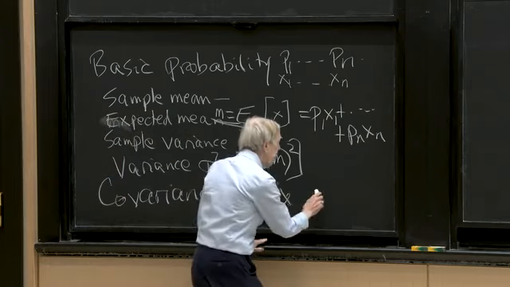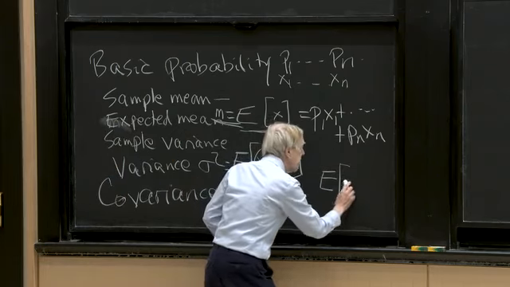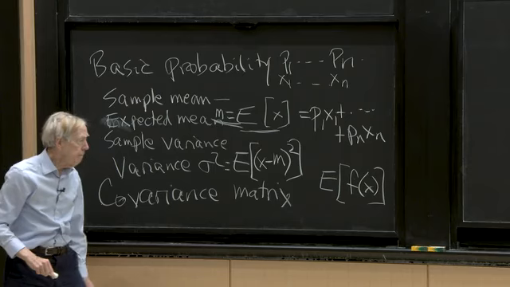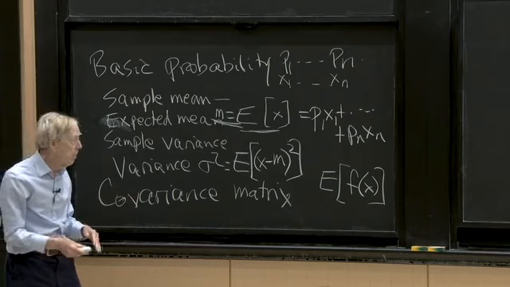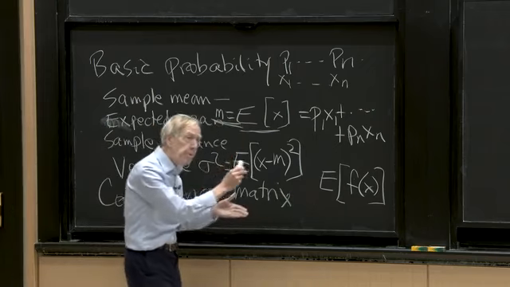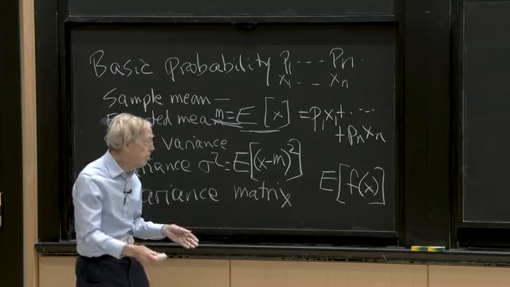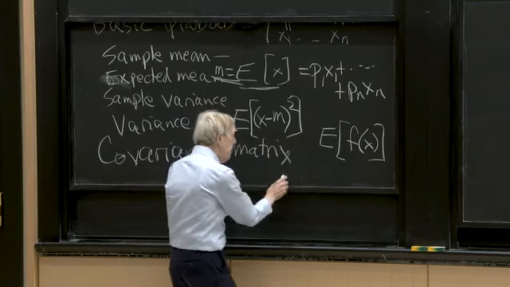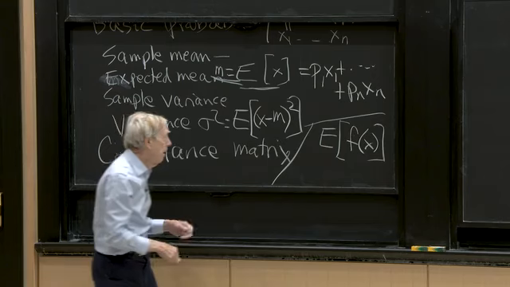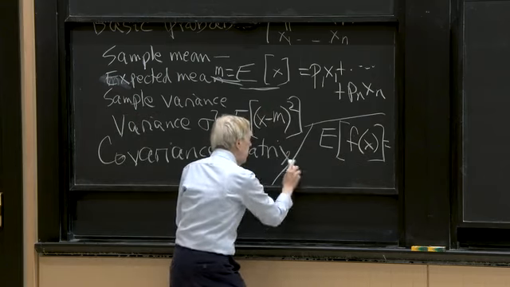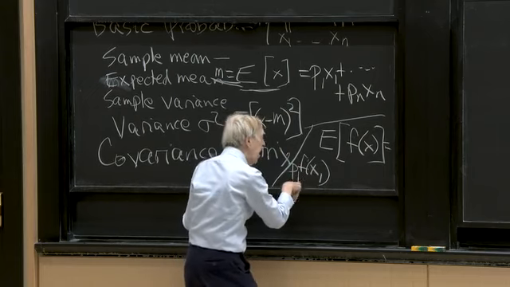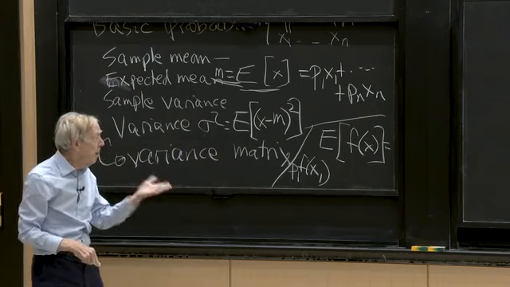But let me just stretch it as far as what would be the expected value of any function of x? Well, we've got n possible outputs, x1 to xn. We look at f of x1 up to f of xn. We weight those by the probabilities that they happen. So this would be the probability p1 times the value f at x1.